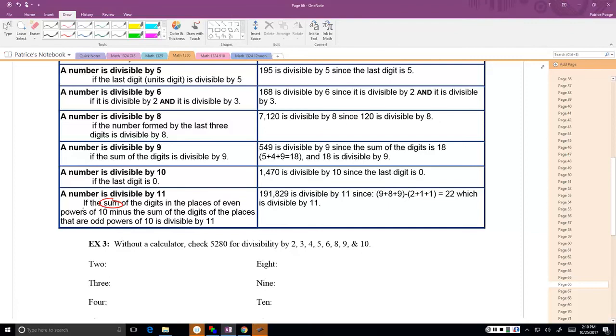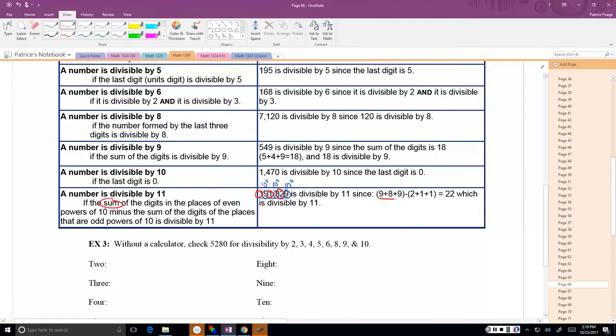All right, so I showed you right here. This number is divisible by 11 because I'm going to add 9 plus 8 plus 9, because this is in the 10 to the 0 spot, the 10 squared spot, and the 10 to the 4th spot. So the 10 to the even powered spots, minus 2 plus 1 plus 1, which are all in odd powered spots: 10 to the 1, 10 to the 3, 10 to the 5.